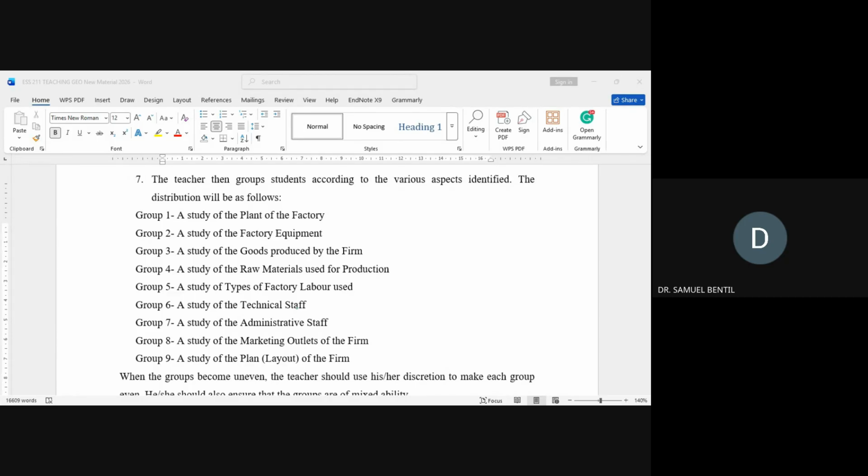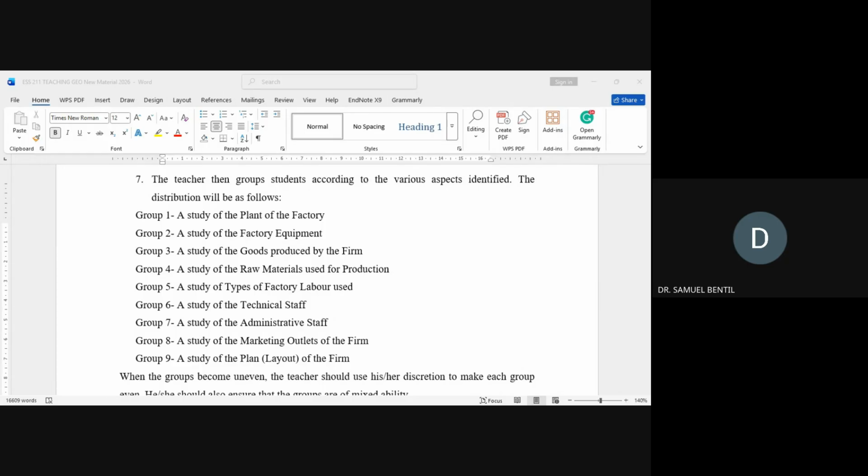You can also research more about it, and you can also pay a visit to the place, get all this information in order to do a thorough work and put your students in a proper perspective.